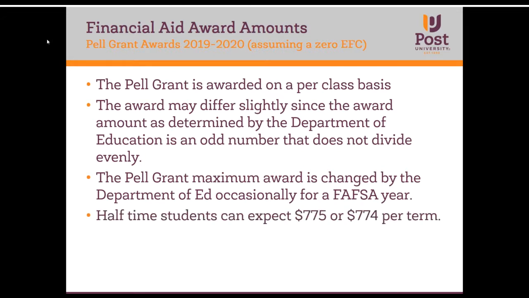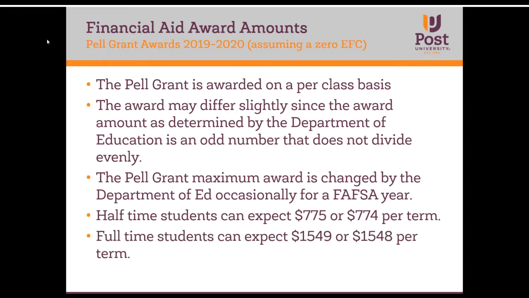Again, like we said, $775 for a half-time student or $774. For full-time students, that number looks a little different because they're taking 2 classes. So in taking 2 classes, they're now increased in eligibility, and the math works out at $1,549 or $1,548 per term because you're taking 2 classes. So the government gives you more Pell Grant because it's a per class award.